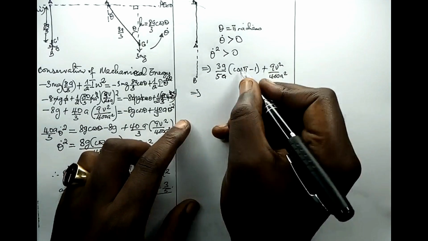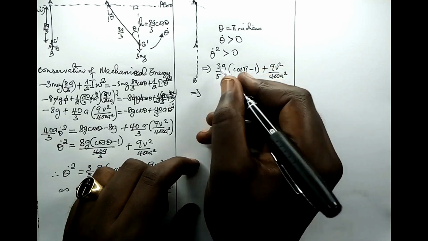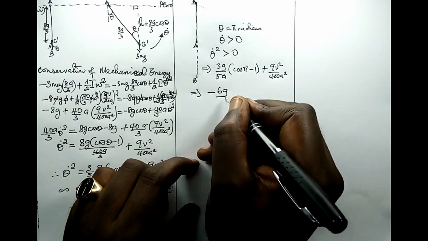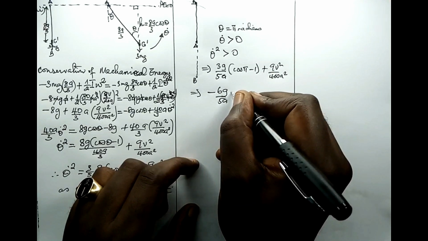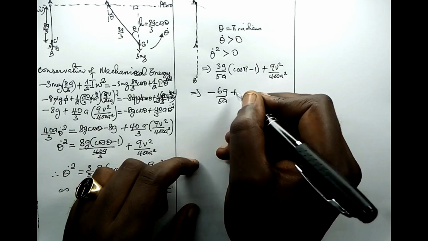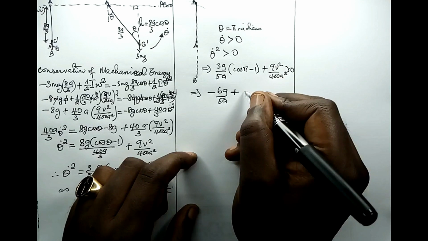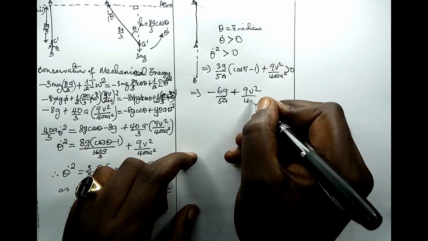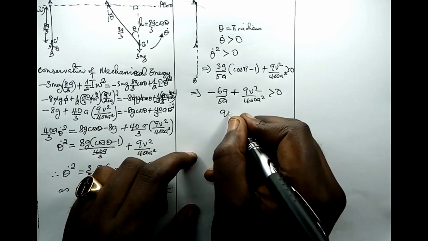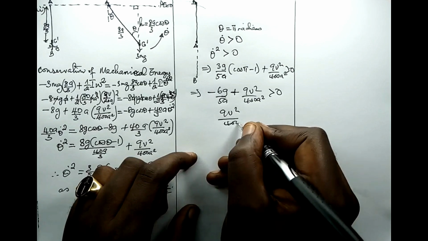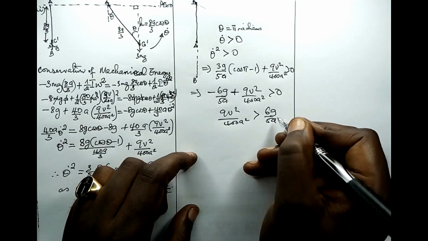And we have that cos pi is negative 1, so negative 1 minus 1 will be negative 2, so we get negative 6g all over 5a plus 9v squared all over 400a squared, which is greater than 0. And 9v squared all over 400a squared should be greater than 6g all over 5a.